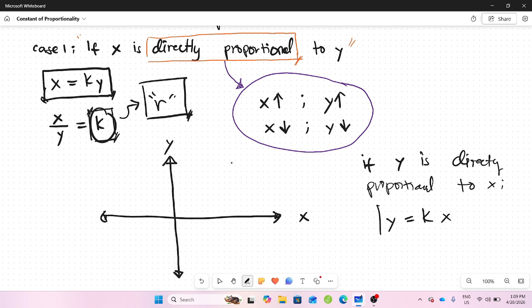So the value of y depends on the value of x. If I try to graph this, it would look like this. It should give us a straight line. So that's what we mean by directly proportional. That's the graph.